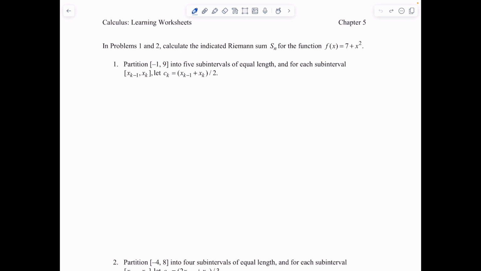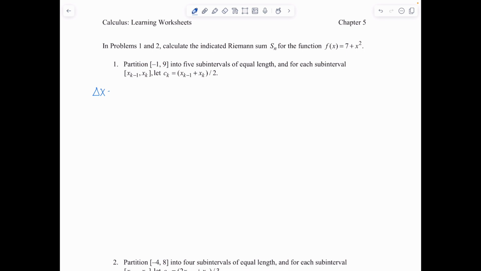So we're finding the intervals that we're going to be breaking this into. We're looking only at -1 to 9, and we're breaking it into 5 intervals. First I'm going to begin with my change in x, or my delta x.